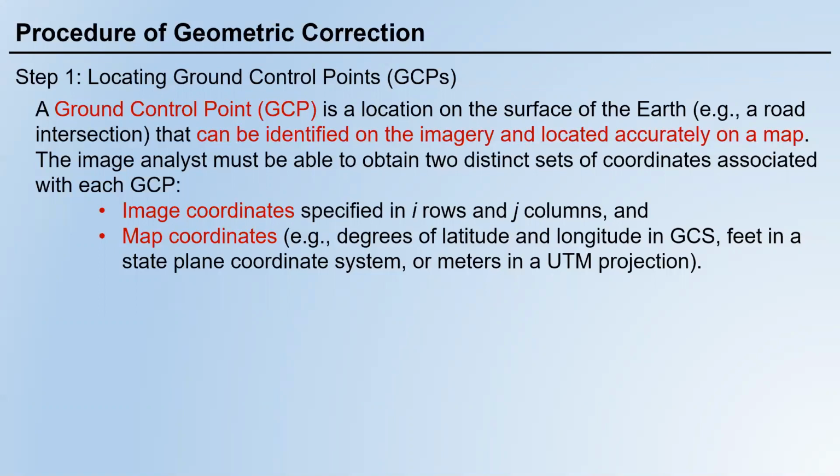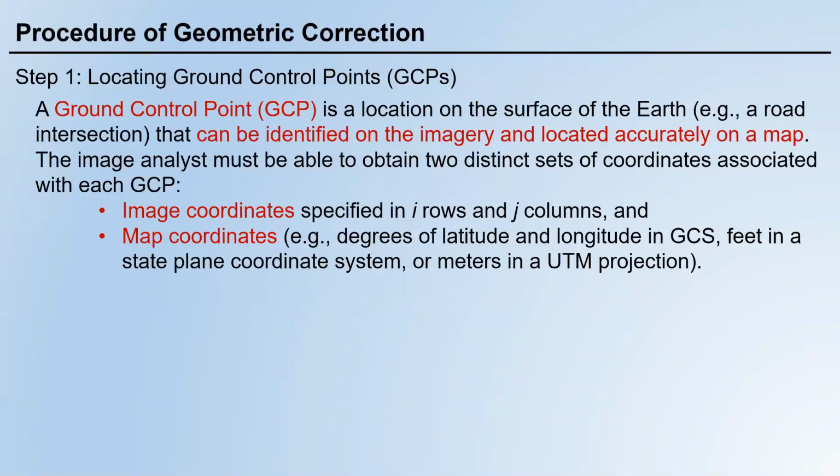For example, a very famous, very huge building, say a landmark, can be used as a very good GCP because it's not a random normal building. Maybe it's huge, it has special shape, so it can be easily identified on your reference map and also on your image.